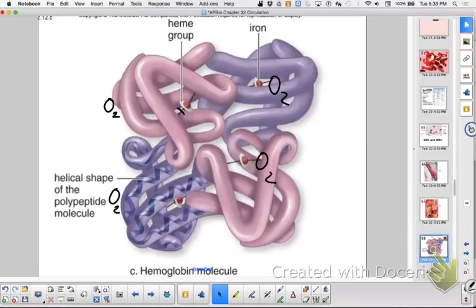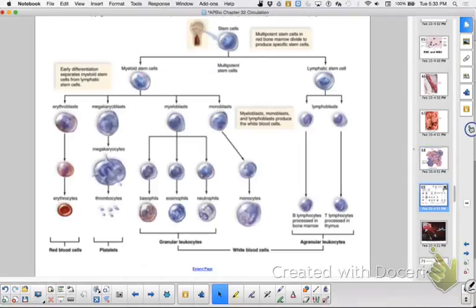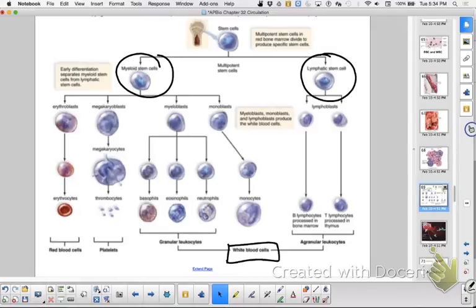Okay, also, moving on, your stem cells in your bone marrow are going to break down and form two categories, myeloid stem cells and lymphatic stem cells. Do not let this diagram stress you out. We will be talking about all of the white blood cells, including your lymphocytes, your B and T lymphocytes.